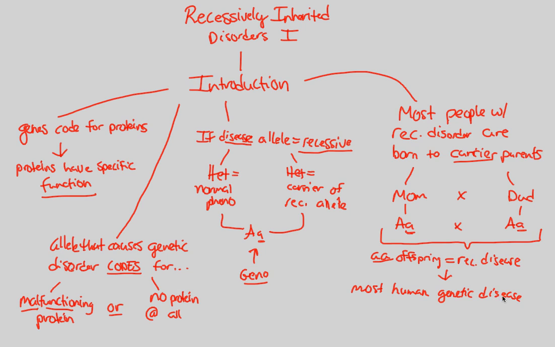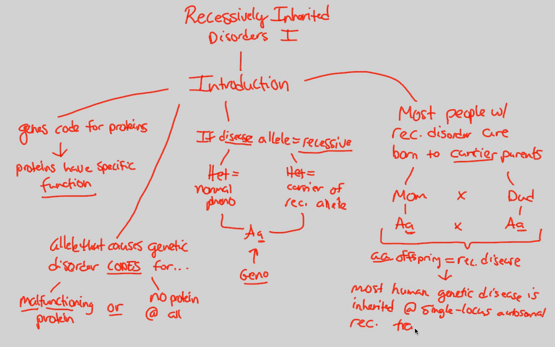Most human genetic disease, let's say, is inherited, because this is all about inheritance, this is all about genetics, at what we would call a single locus, meaning one location for a gene, single locus autosomal, meaning non-gametes, not sex cells, but non-gametes, okay, autosomal means body cells, recessive trait.